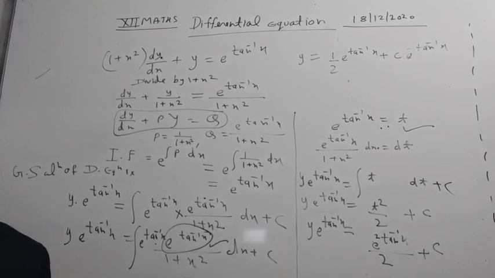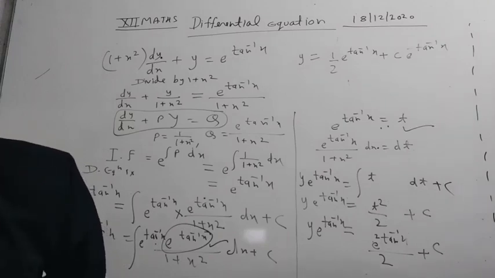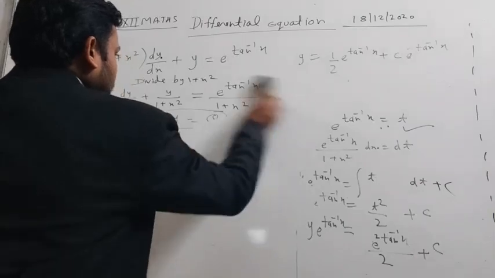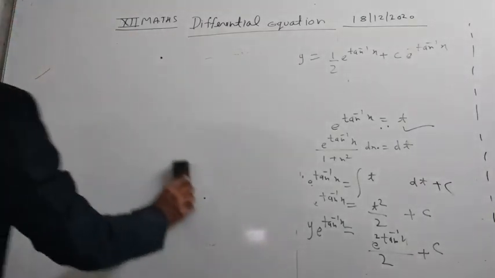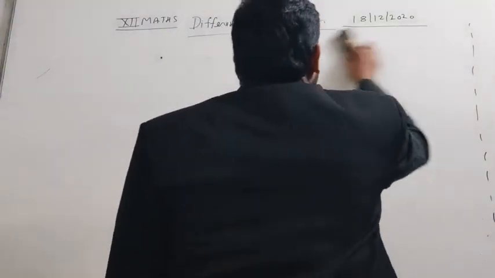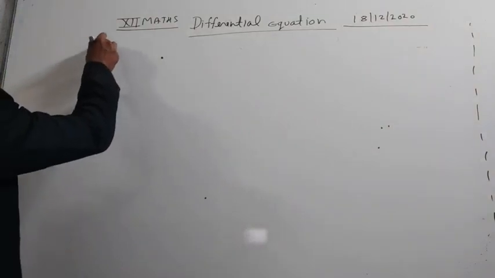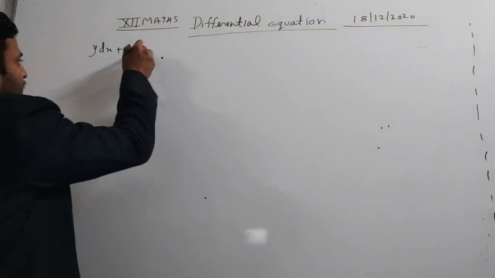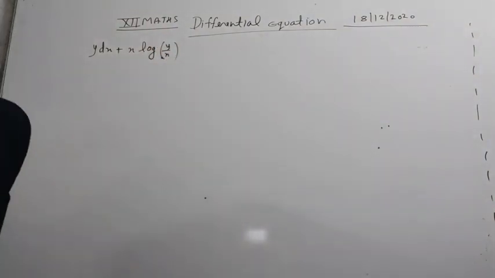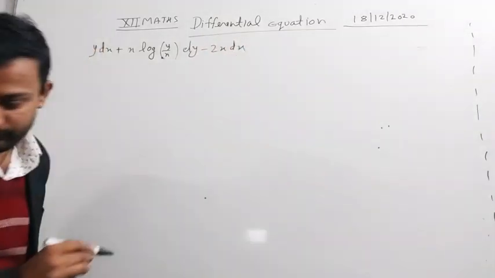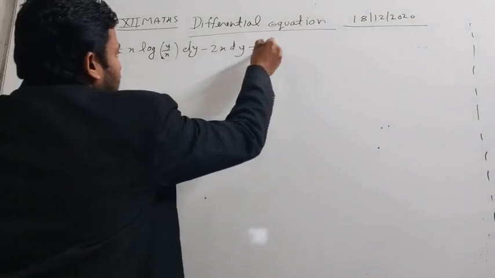So next question is y dx plus x log y by x dy minus 2x dx is equal to 0.